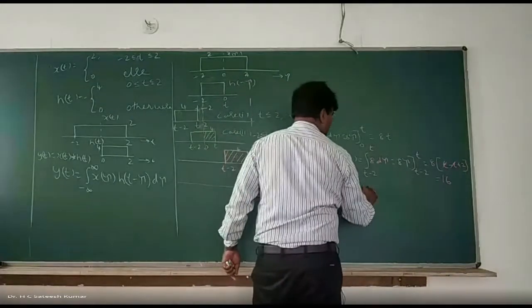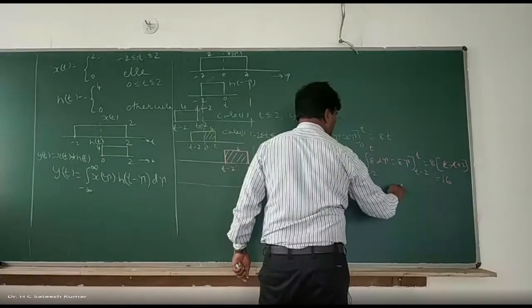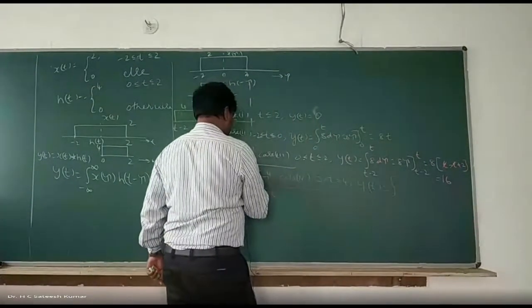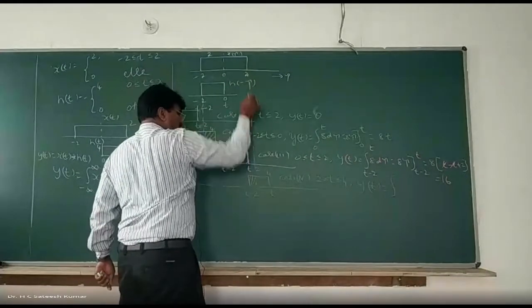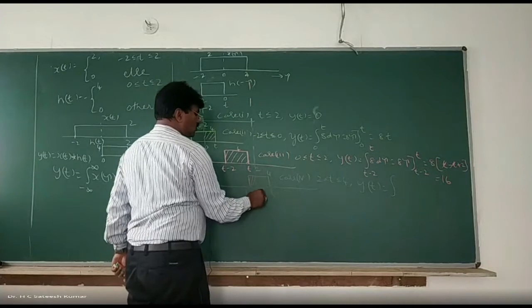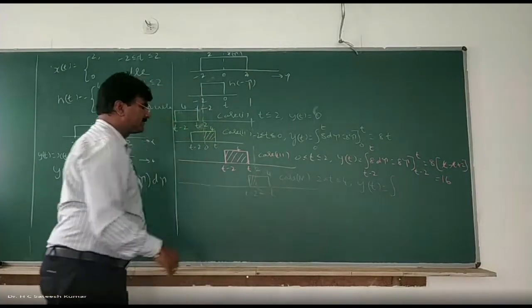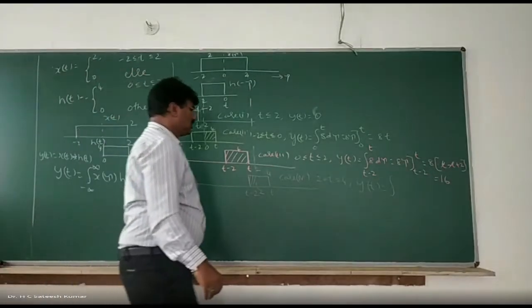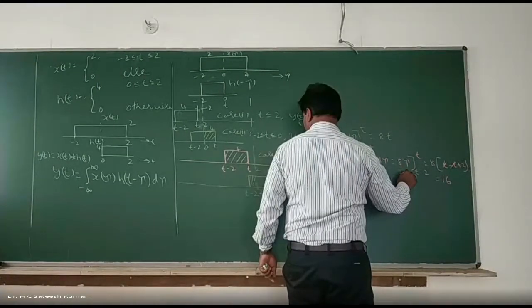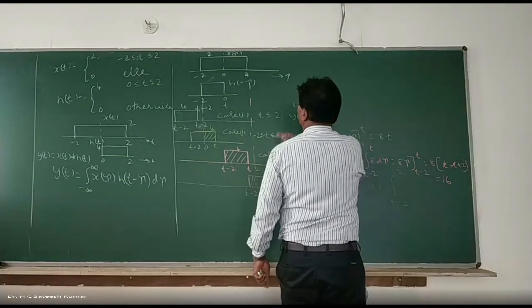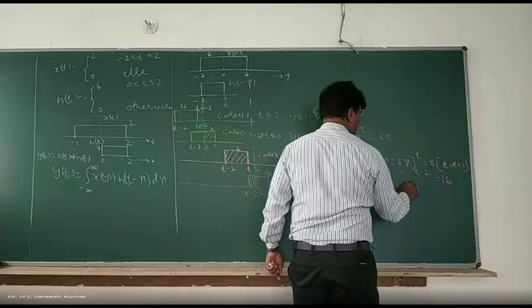y of t is equal to integration from where to where? This is the overlapped area, right? This side is 0, 0 into something, 0. We get t minus 2 to 2. It is decreasing, negative slope, you will get it. What is that we have? 4 into 2, 8 d tau.